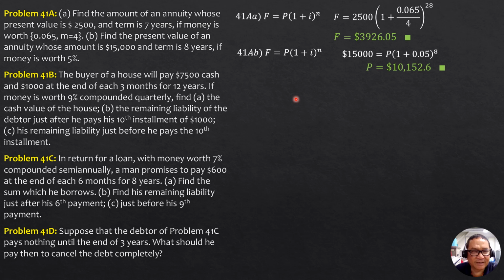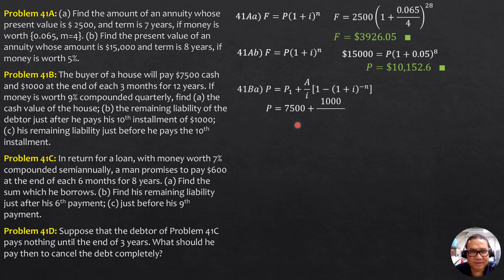So therefore, P is equal to P1 plus A over i times quantity 1 minus quantity 1 plus i to the negative n, where P1 is $7,500, A is $1,000, i is 0.09 over 4, and that is 0.0225, and n is 4 times 12, so 48.